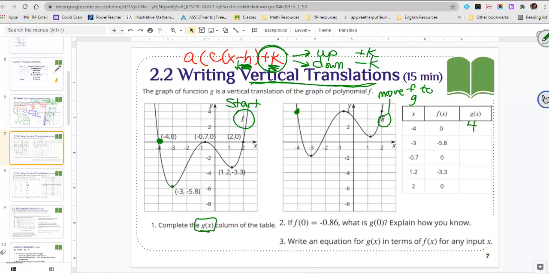Our input at -3 in our new graph is no longer at -5.8. It still has an input at -3, but now the output is at -1.8. And I can tell that because it looks like every single output value is adding 4 to it.